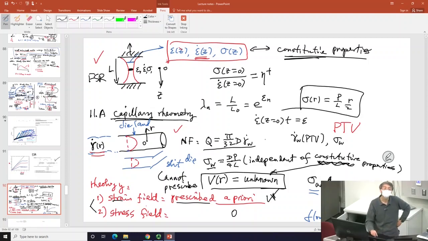This is the stress field, shear stress in capillary. What does this mean?